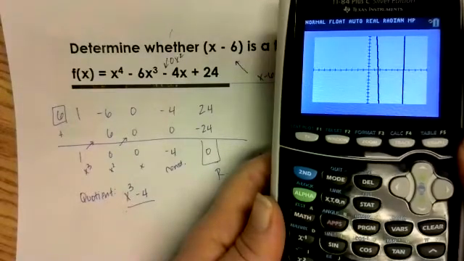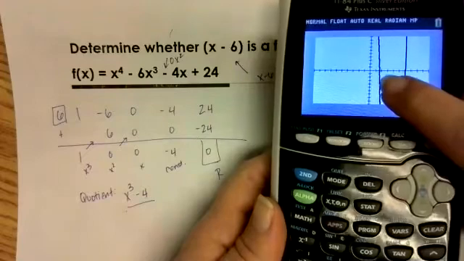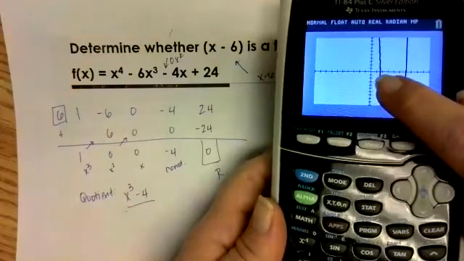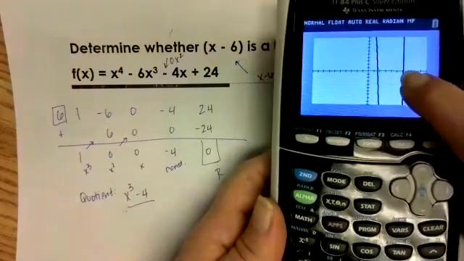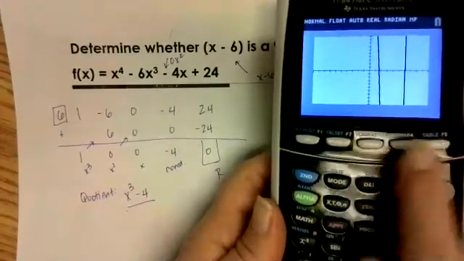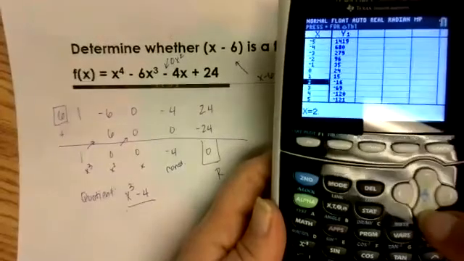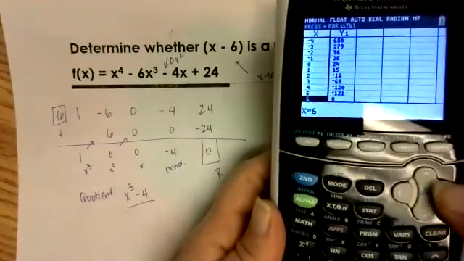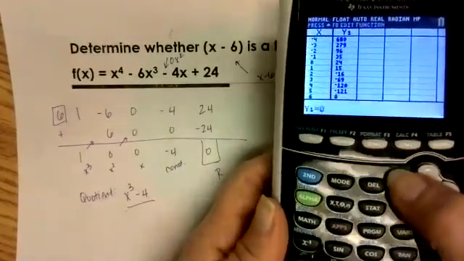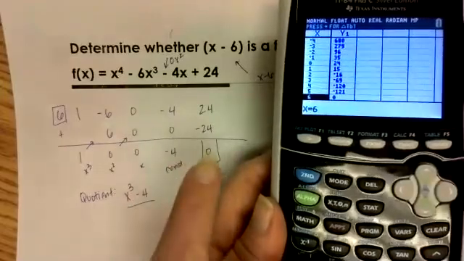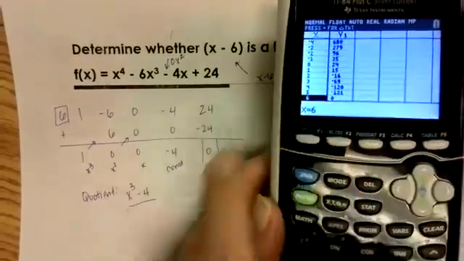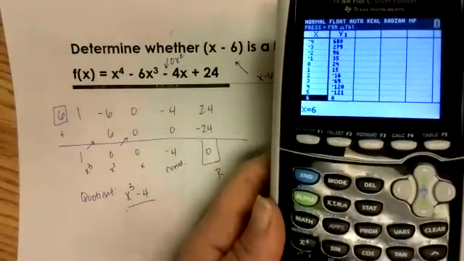Oh, look at there. So it happens to touch the x-axis somewhere between 1 and 2, and also at +6. If I was a little bit unsure about that, I could look at my table. So second graph to get my table. And at +6, I have a y value of 0. What was my remainder? What's that y value? We'll talk more about that in the future.